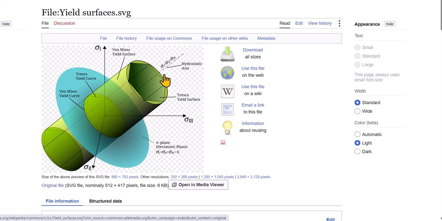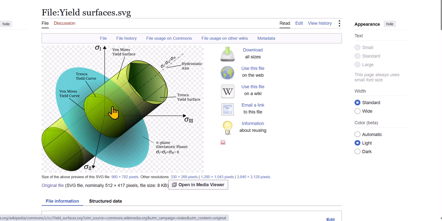This also shows that because any point on this cylinder has the same cross section, it means that hydrostatic pressure will not have any effect on your failure criteria. You can question that and say, how about if I do a test under water and I see a different failure compared to, say, atmospheric pressure?